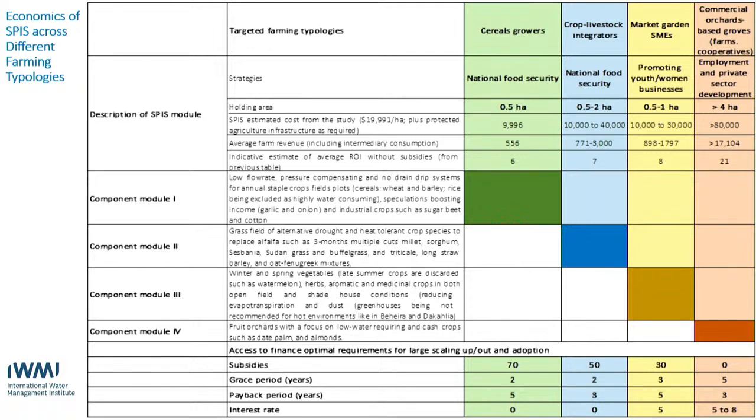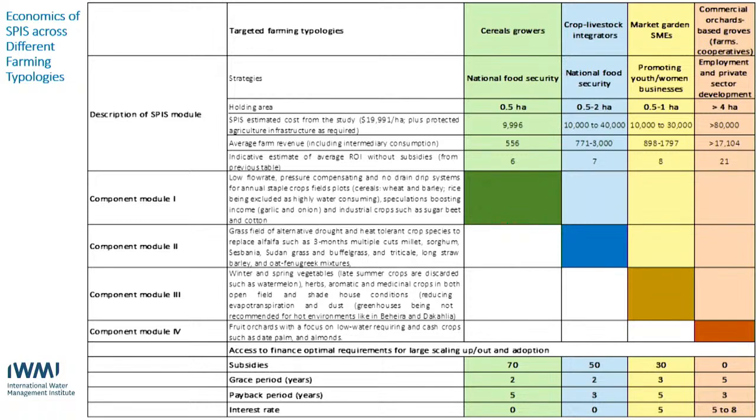And here are the figures in terms of cost, and then return, ROI, return on investment. So you see that the system is not affordable for cereal growers. It requires 70% subsidies, the return period is 6 years. Those types of farming systems cannot support any interest.